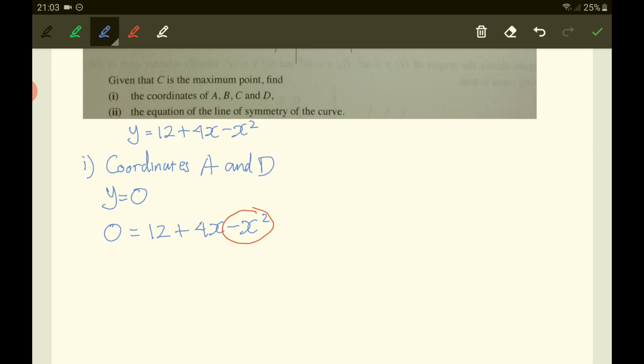So the way to make x squared positive here is to move all the terms on the right side to the left, yeah. So it becomes x squared, the x squared becomes positive, the 4x becomes negative 4x, and the 12 here becomes negative 12, and this is equal to 0, yeah. It's possible. Or you just multiply both sides by -1, it's also possible.